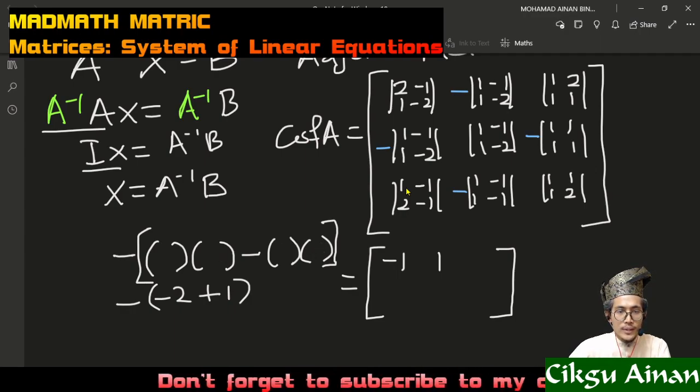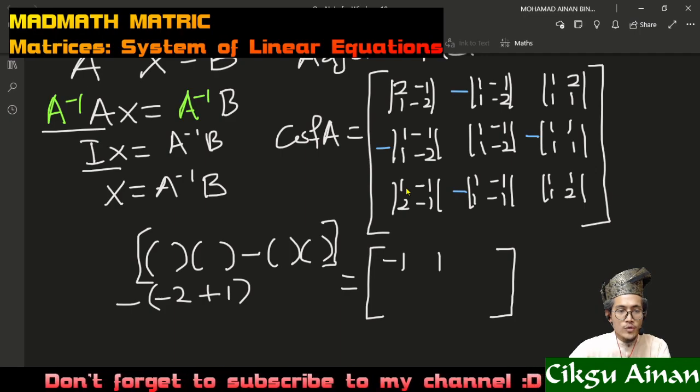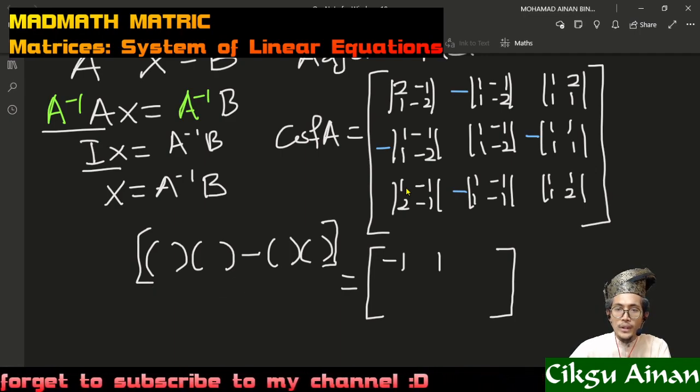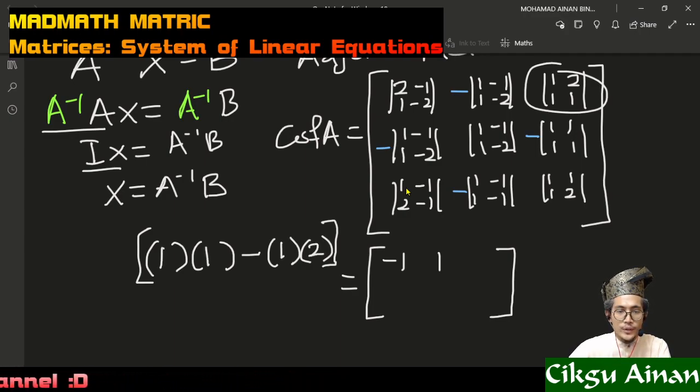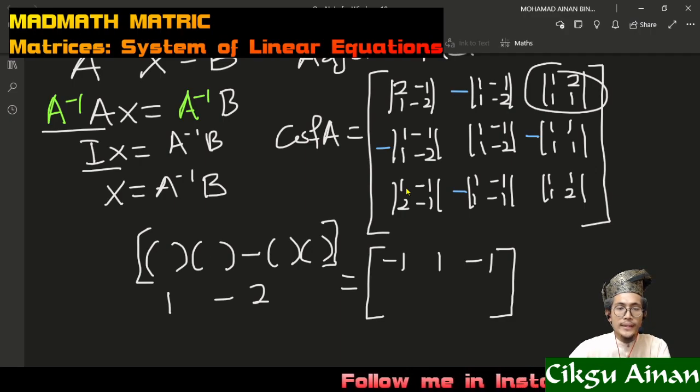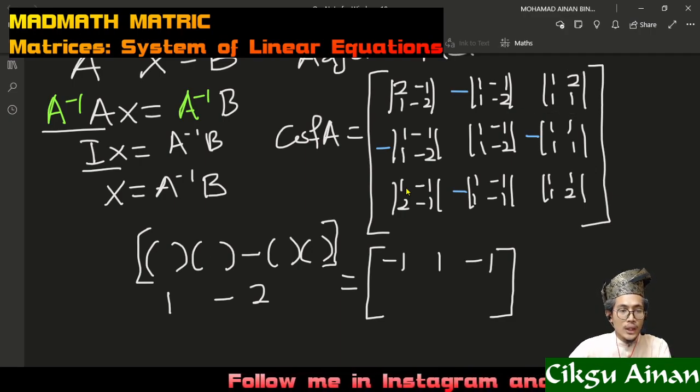Okay, now next one. Erase that one. This one also erase, no negative anymore. This one: 1 multiplied by 1, minus 1 multiplied by 2. So what do we get? 1 minus 2 is minus 1. Okay, erase and replace.